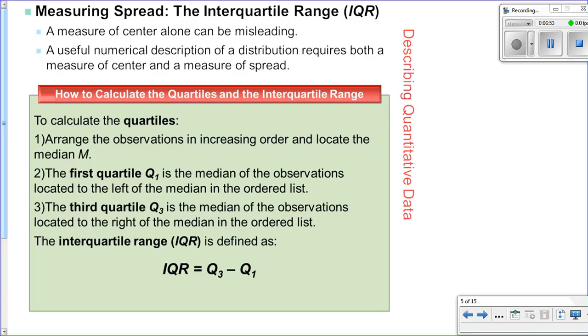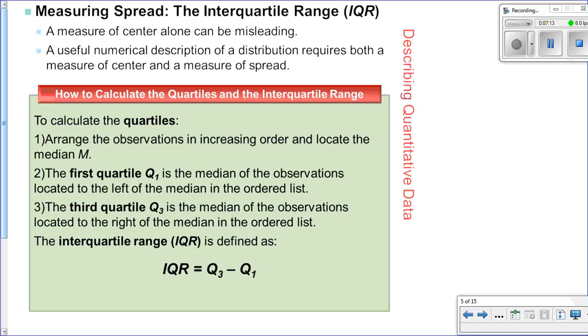The next thing I want to talk about is the interquartile range. When we do a box plot, we have to find the first quartile and the third quartile, and that will give us the interquartile range. Once you find your median, it splits your data in half. Half of the data falls below the median, half falls above.